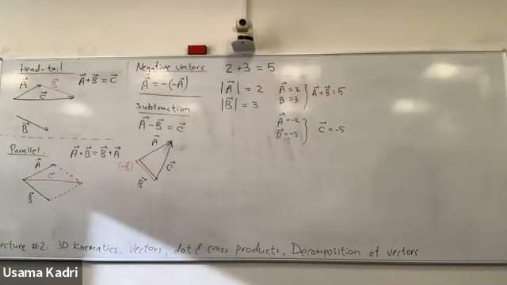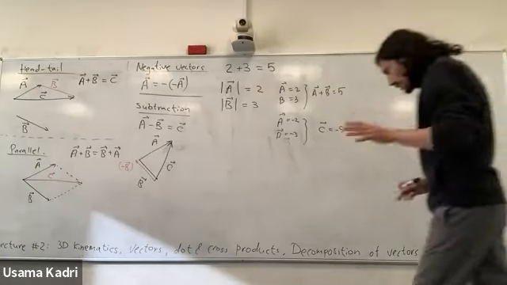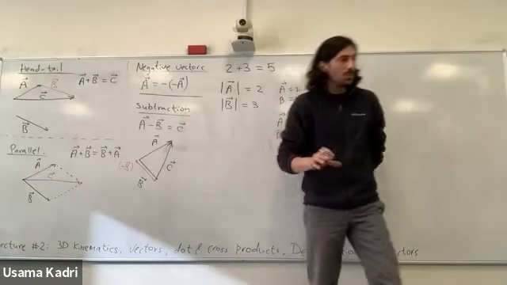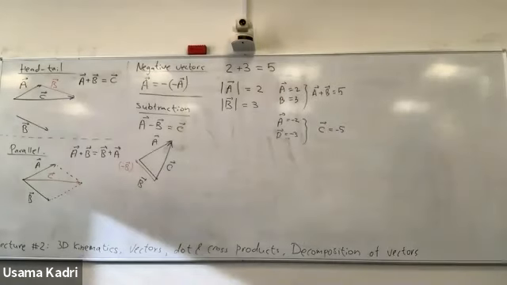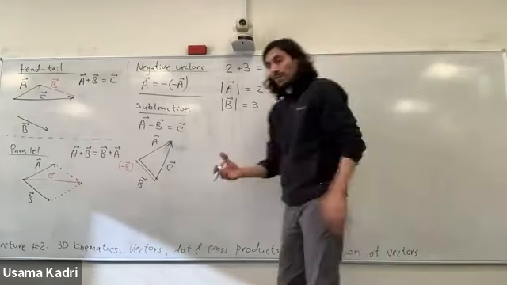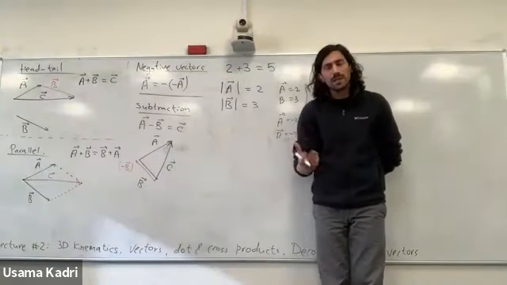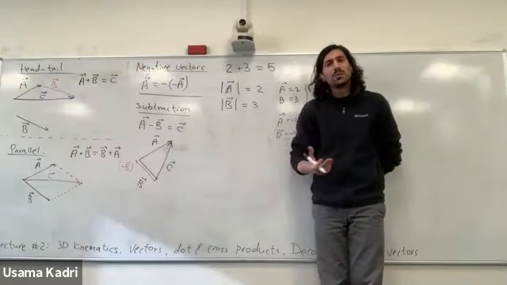Okay, now we come to probably the most important part of this lecture, which is called the decomposition of vectors. It's going to take a while, if you're not familiar with the concept, to understand why we do this. It looks like we're complicating things.